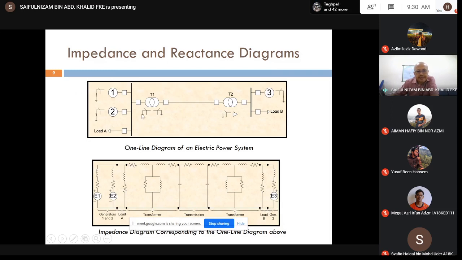And what is this equivalent circuit? This is the transformer equivalent circuit, right? T1.